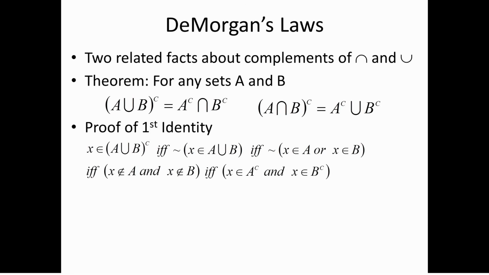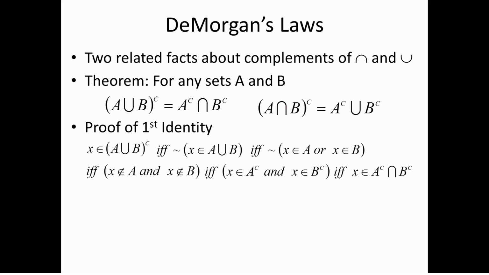So now I have that this is true if and only if X is in A complement and X is in B complement, and if X is in one set and another, it's in the intersection, right? If and only if X is in A complement intersection B complement. This is the end of the proof.